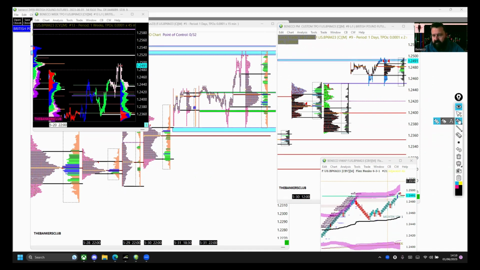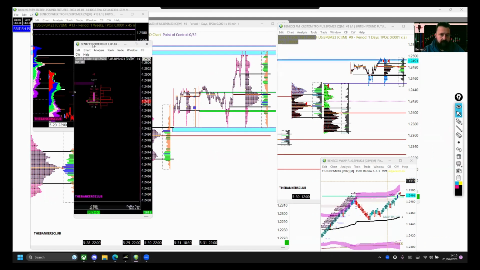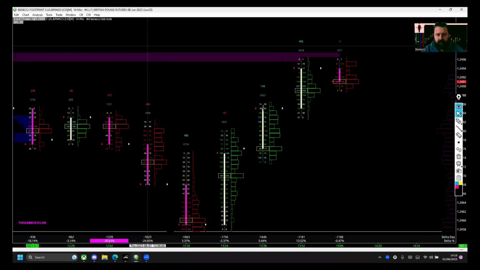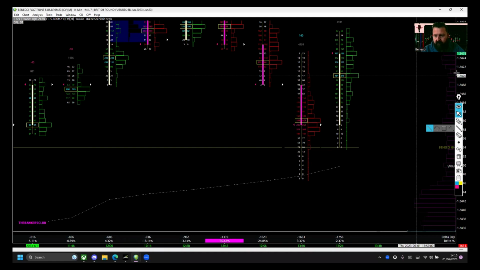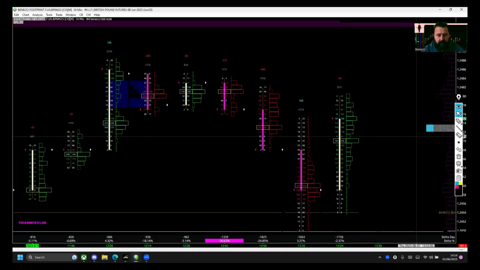So I thought, let me show you the footprint as well. I can't even remember what time frame I was looking at now, but it was possibly 4 minutes.